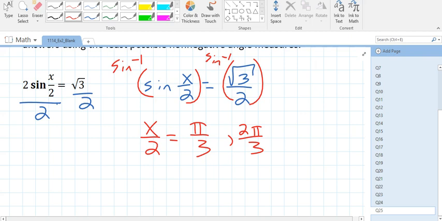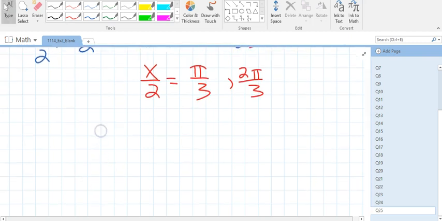Everyone good so far? Okay, but remember, this is the half angle that we're looking at here. I want to know what is the original angle. You got it. I have to multiply both of these guys by 2 to get the x by itself.